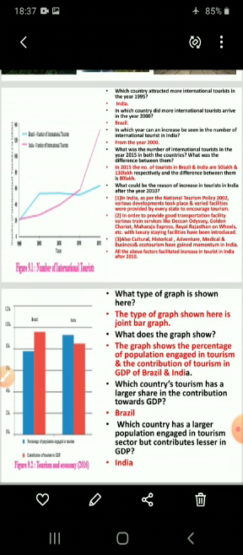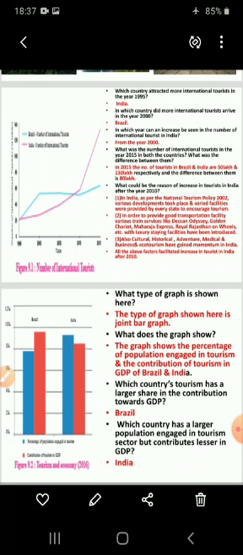The graph shows the percentage of population engaged in tourism. Second, the contribution of tourism in GDP both in Brazil and India. Understood? The graph shows the percentage of population engaged in tourism and contribution of tourism in GDP of Brazil and India. So already we know that tourism is a tertiary sector.